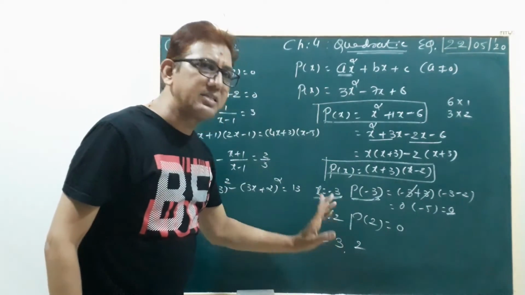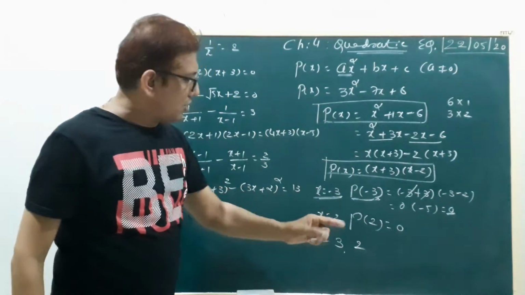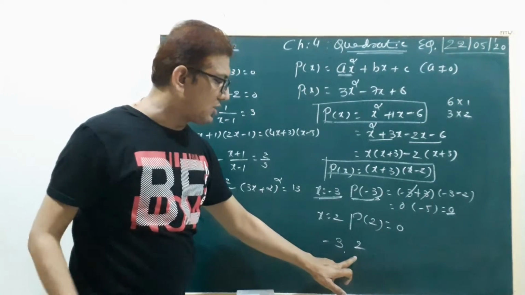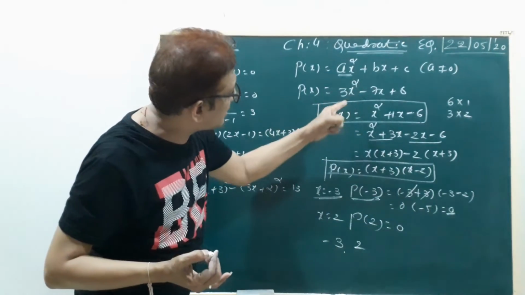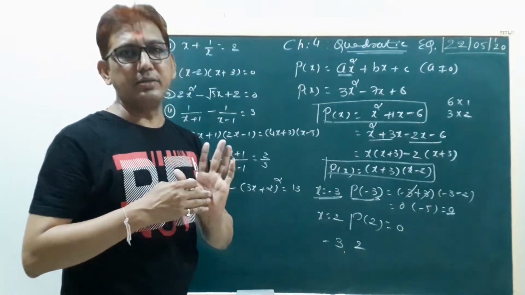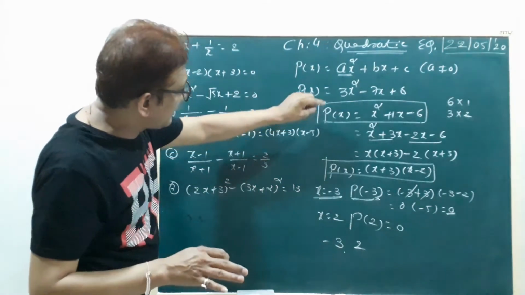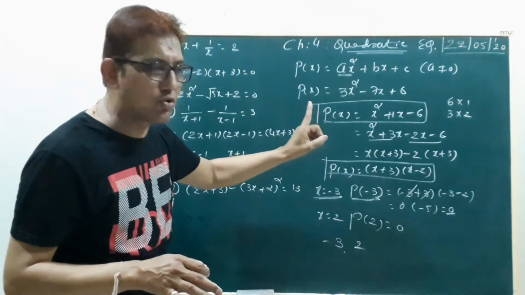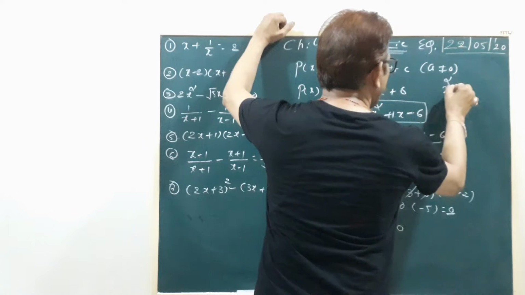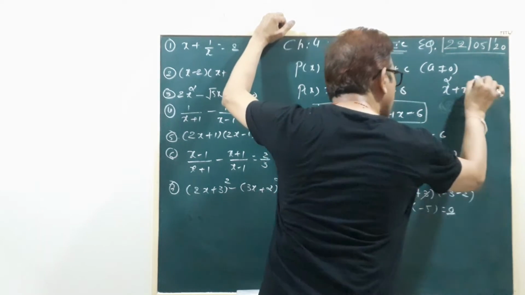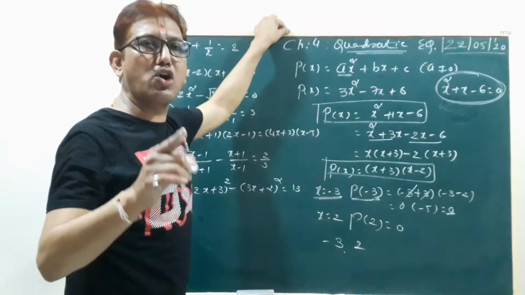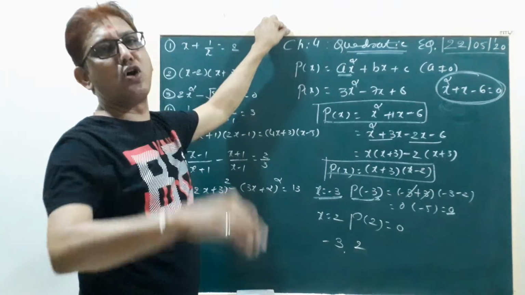You studied this in 9th standard. Is that clear? You can also say, in other words, zeros or roots: minus 3 and 2 are roots of the quadratic polynomial. Now in this same question, if we write it in this form, x square plus x minus 6 equal to 0, this is the quadratic equation form.